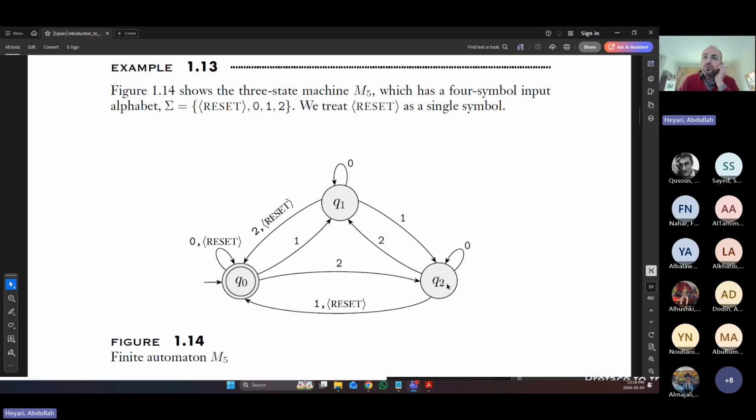While at Q2, I can read 2. Where does that take me? Q1. That would send me back to Q1. I've got 1 plus 1 plus 2. That would be 4.